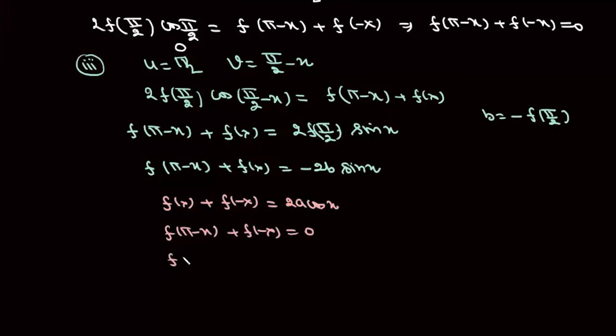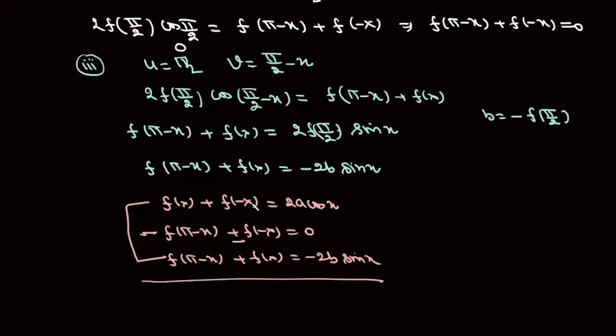And third equation is f(pi - x) + f(x), and it is -2b sin x. Now what we'll do is we'll add first and third and we'll subtract the second. So this is going to cancel. We'll get this as 2f(x) and it'll be 2a cos x - 2b sin x.